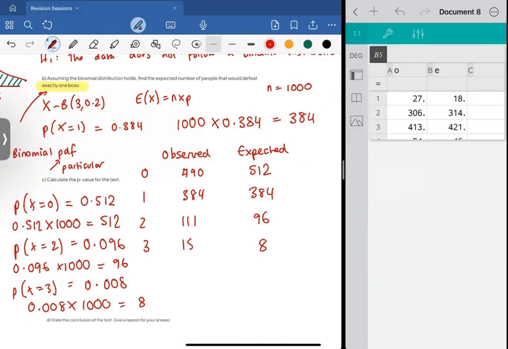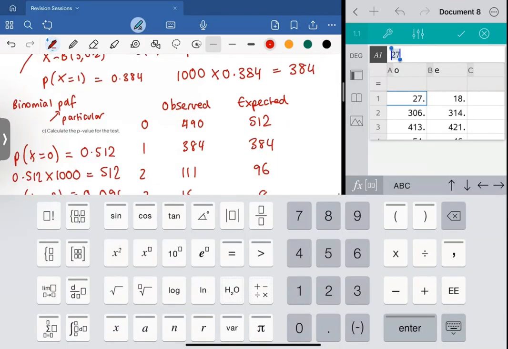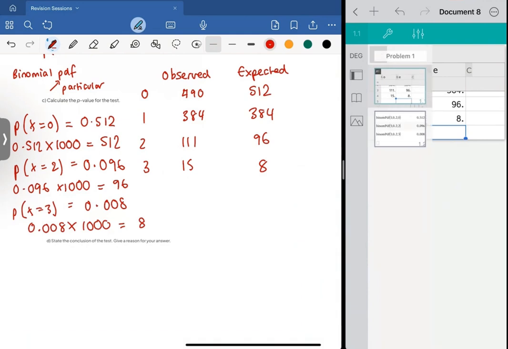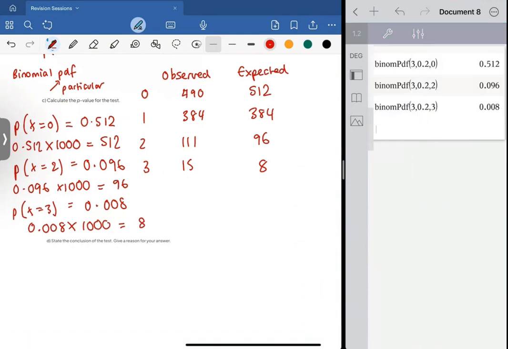Okay, so let's type these in. I'm going to use the same one, just go over the top here. So I've got 490, 384, 111, and 15. I don't think there are any values below, so it works out perfectly. 512, 384, 96, and 8. And then we can do our chi-squared goodness of fit test. So back into my standard calculator.